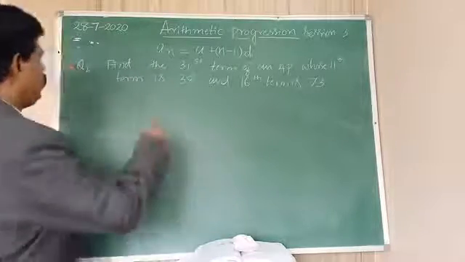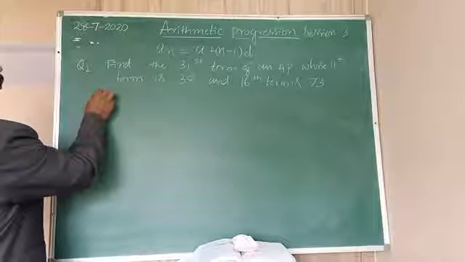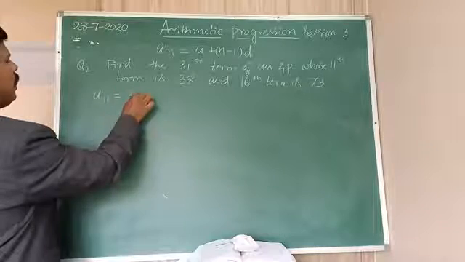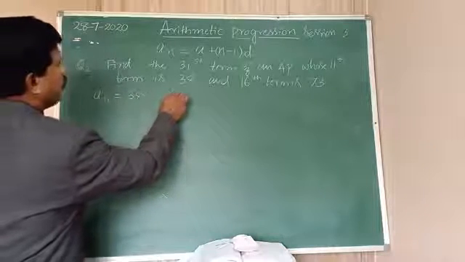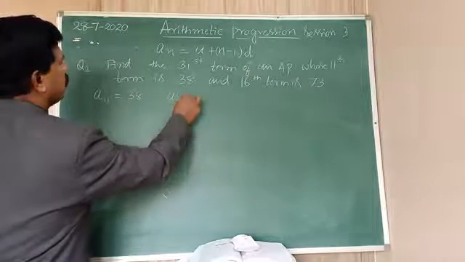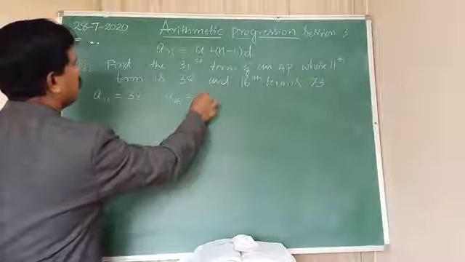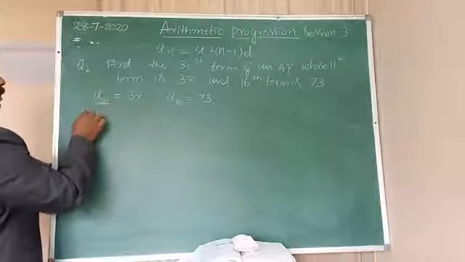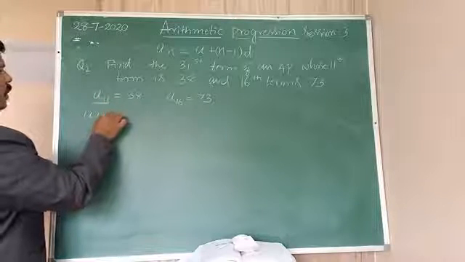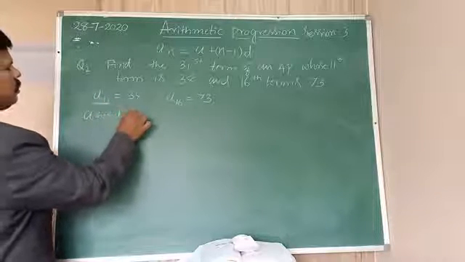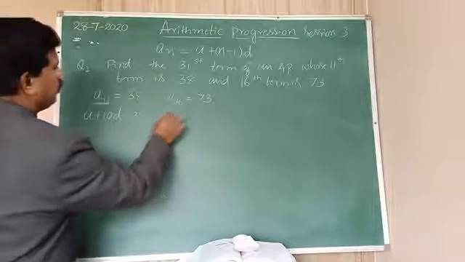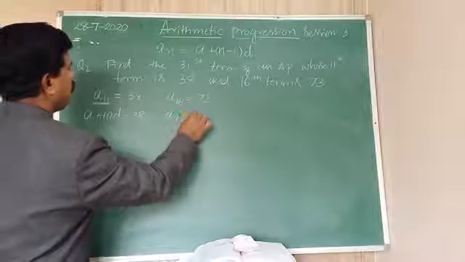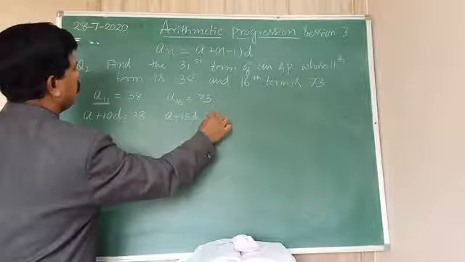So how to use that? So for that you write down A11 is 38 and A16 equals 73. Now A11 can be written as A plus 10D equals 38. Here A plus 15D equals 73.